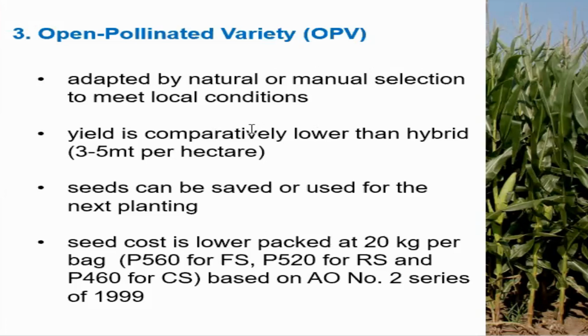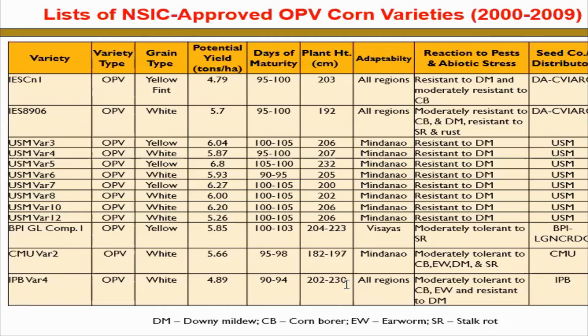And we have some of these. This is the list of approved OPV corn from 2000 to 2009, and mostly the varieties came from the University of Southern Mindanao because they are corn eaters. They use plain corn as their meal.